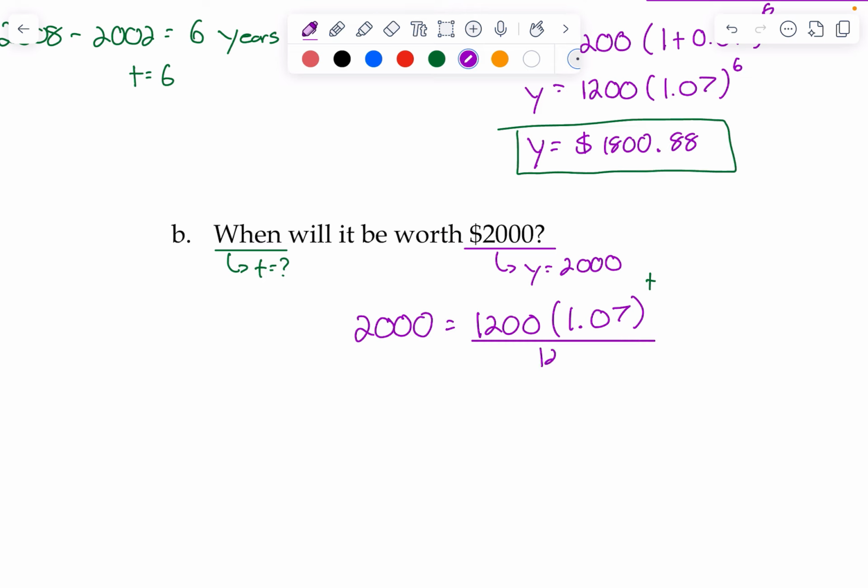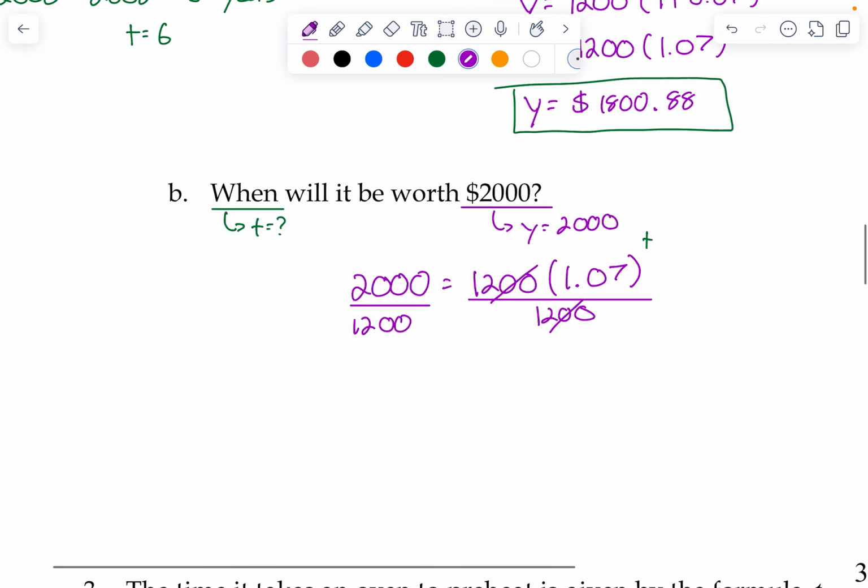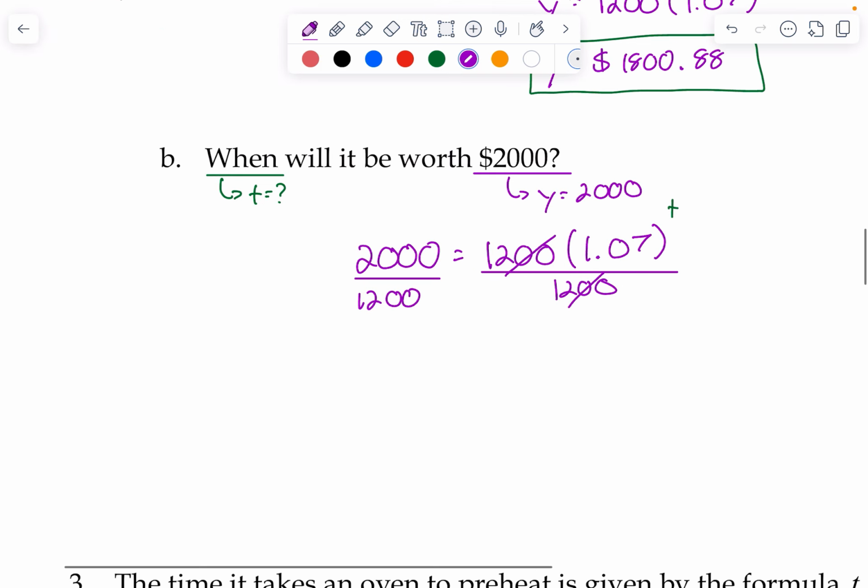So 1,200 on both sides. And on the right side, you're going to get 1.67, essentially 20 over 12, which would reduce to 5 over 3, or 1.67. I'll rewrite that number so it's cleaner to look at, 5/3. And that's 1.07 to the power of t.